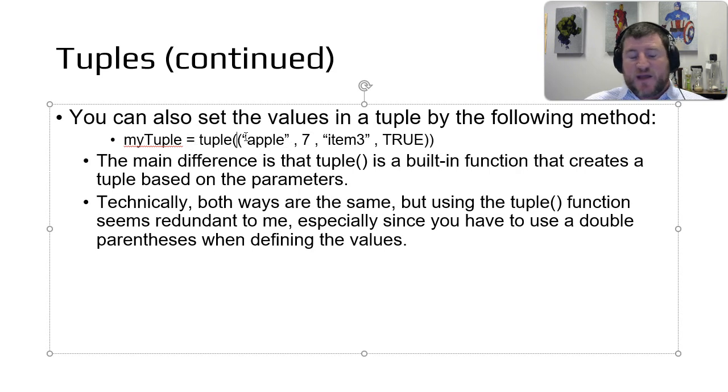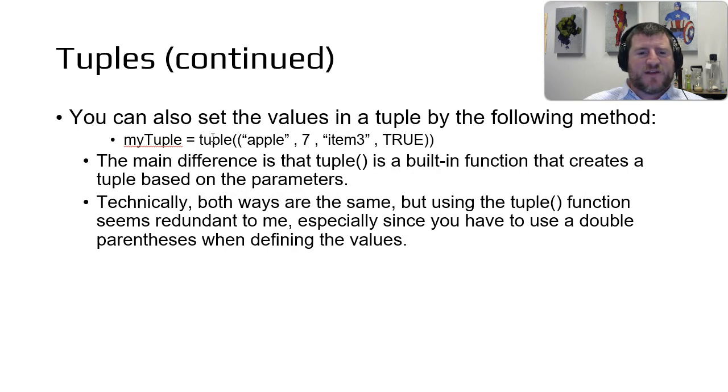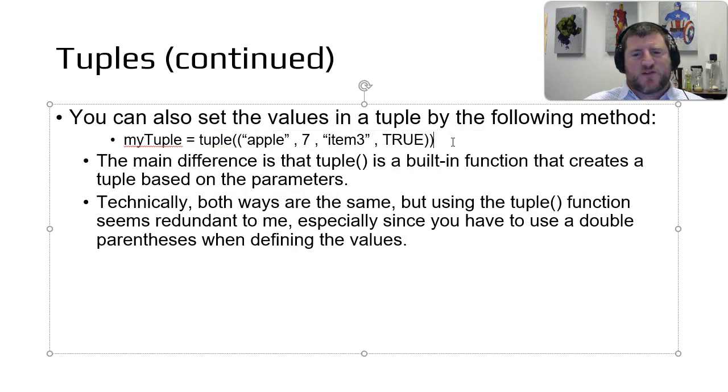Again, it does the same thing as just setting the tuple equal to the elements. I think this is a little bit more steps, so I don't really see a benefit to it. It seems a little redundant, but if you're more comfortable using this, then there's no reason not to. It doesn't change anything. I just think it's a little more work.